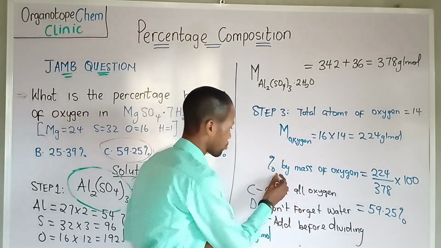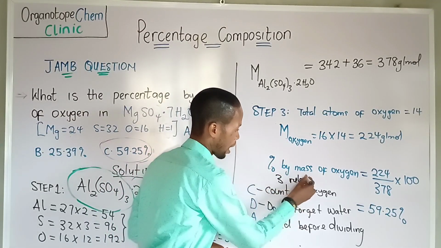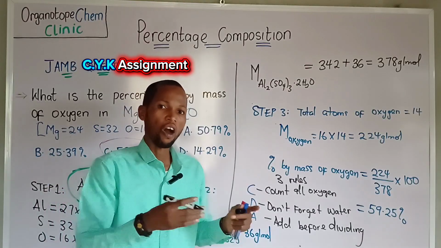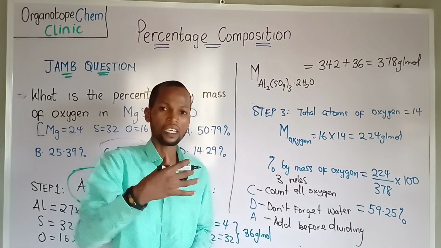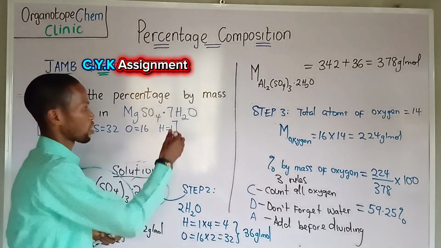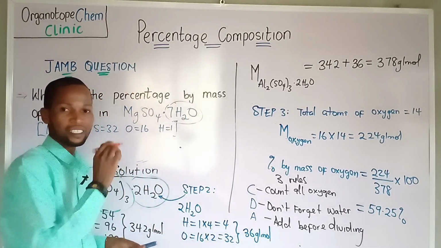These are the 3 basic rules that will guide you when you have to find the percentage by mass of a particular element in a given compound. Make sense? Don't forget the water of crystallization right here.